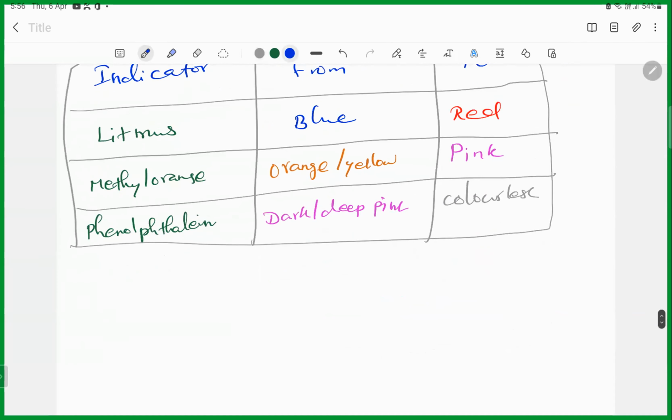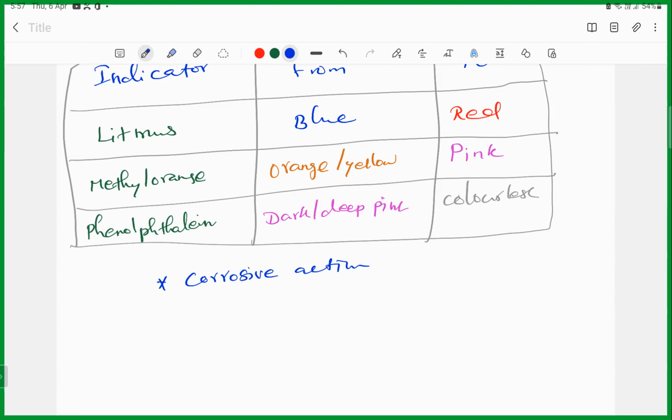The next test is corrosive action. Corrosive action means burning liquid. So the common man connects the term acid with an idea of corrosive.